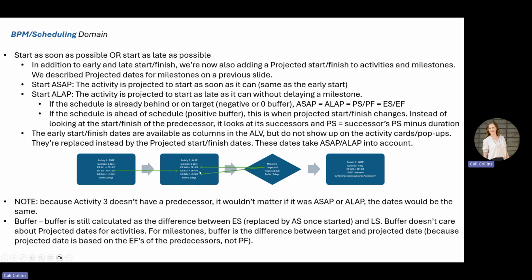This is the reason why we retain the early start dates in the background of the system, so that you still have that buffer calculation. For milestones, the buffer is the difference between the target and the projected date. The reason for that is because the projected date of a milestone is based on the early finish of the predecessors, not the projected finish of the predecessors.